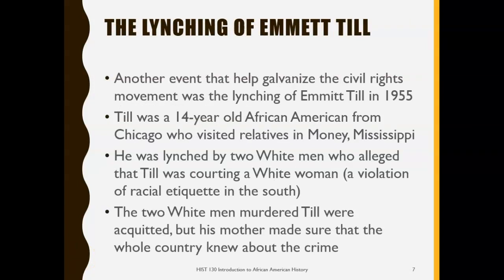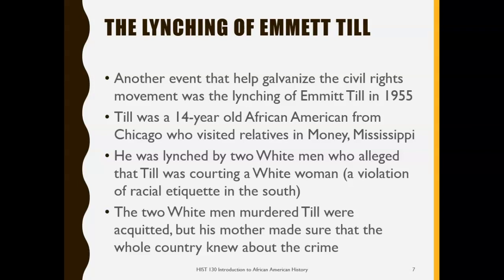In addition to racial segregation, discrimination, and disfranchisement, black people, especially in the South, continued to endure random acts of violence from some white racist people. And one of the most famous cases that attracted the attention of the whole nation was the lynching of Emmett Till in 1957.